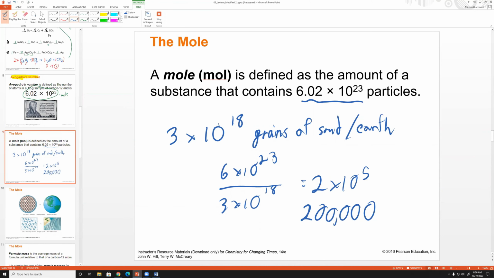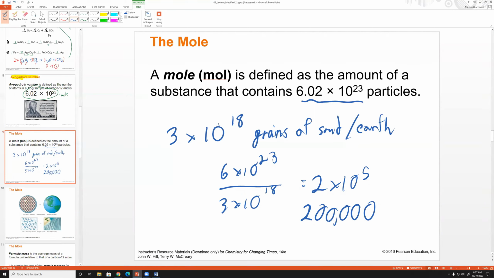So this doesn't mean that there are 200,000 more molecules in a mole than there are grains of sand. No, there are 200,000 times more molecules in a mole than grains of sand. So if you took all the grains of sand on the earth and multiplied them by just 2, that would be enough sand to cover all the land and probably fill up half the oceans.